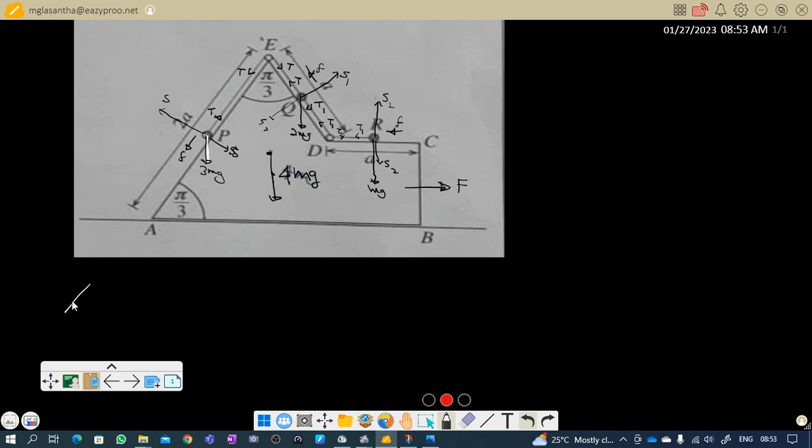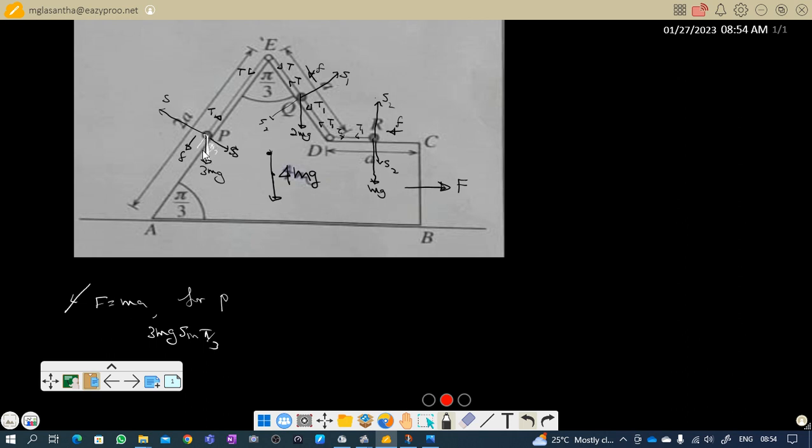If you apply F equals ma for particle P, then 3mg sin(pi/3), because this angle is pi/3, right?